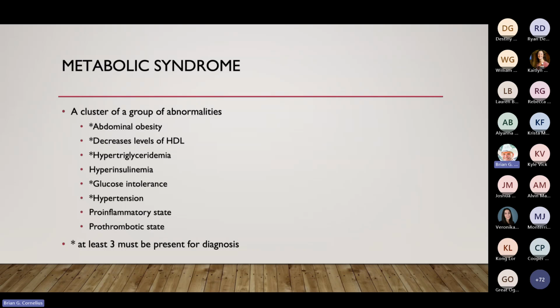They tend to be resistant to insulin, intolerant of glucose, and then as a result of this continued progression, they become hypertensive. And as we were talking about before, they tend to have a pro-inflammatory and a pro-thrombotic state, so prone to clots, prone to systemic inflammation. To meet the definition of metabolic syndrome, they've got to have at least three of those. The most common ones we see are the triglyceride problems, the obesity, and then some sort of hypertension.